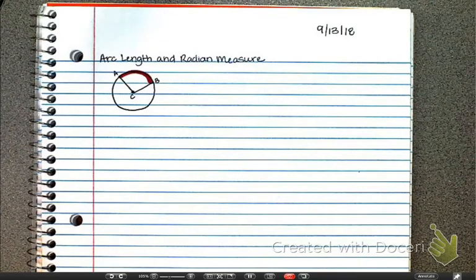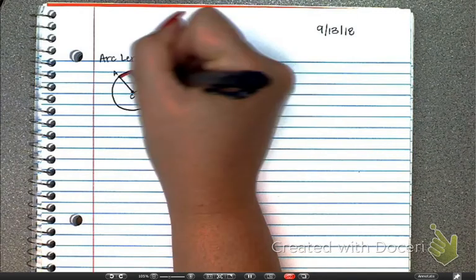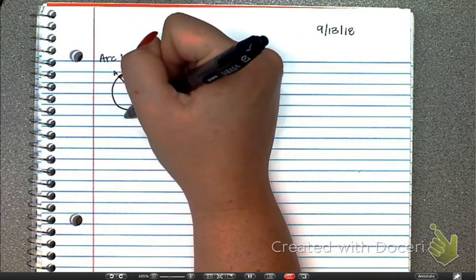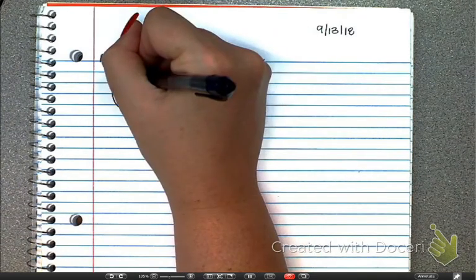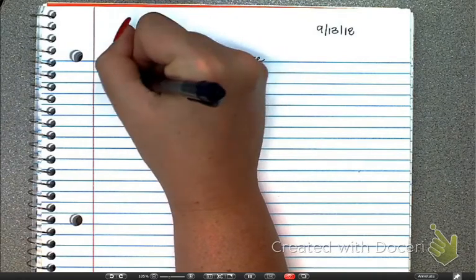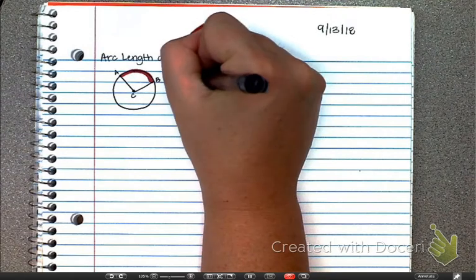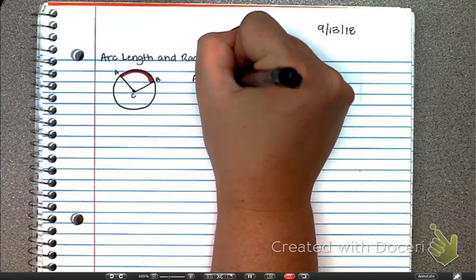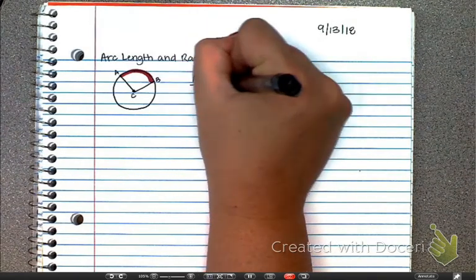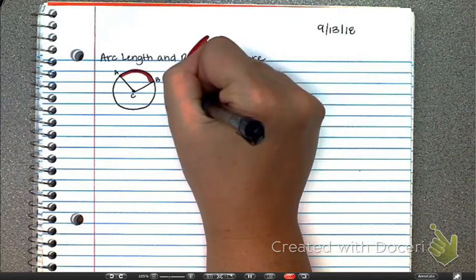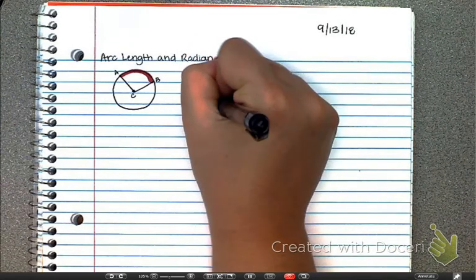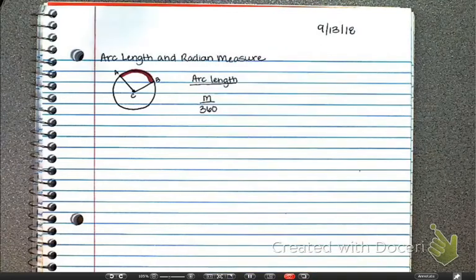And what we're going to do is, instead of finding the whole circumference like we found yesterday and the day before, we're just going to find the length of this piece AB. Okay, so our formula for arc length, a formula you need to know, is M over 360. Did we talk about a whole circle equaling 360?